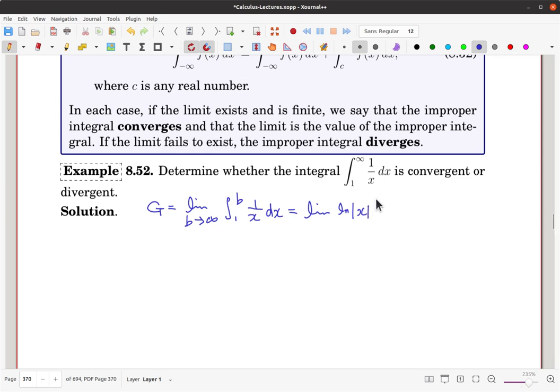Now, we evaluate it from 1 to b, and that is logarithm of b, and logarithm of 1 is 0. Now, as b approaches infinity, this value will become infinity. So it is not convergent, it is divergent.